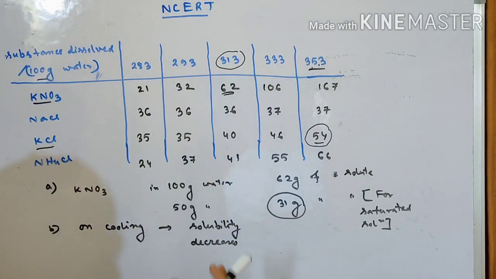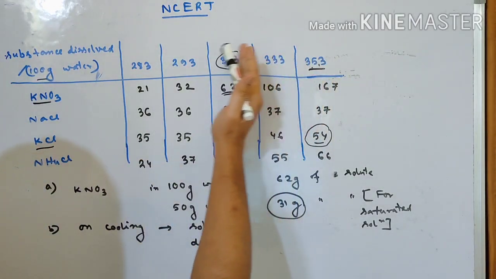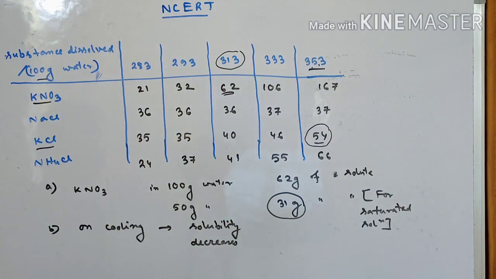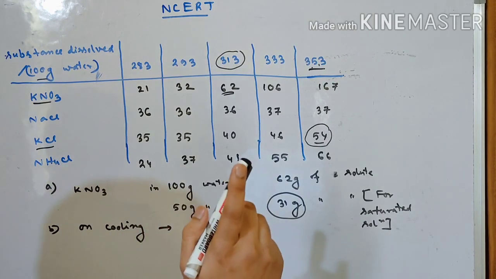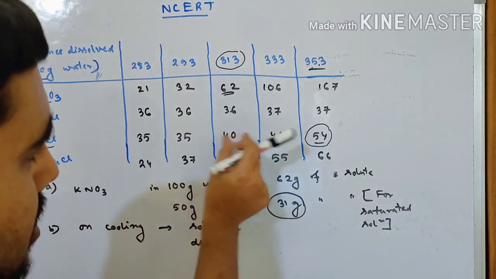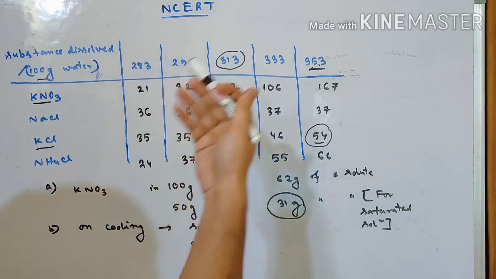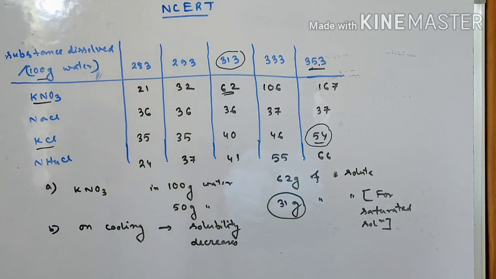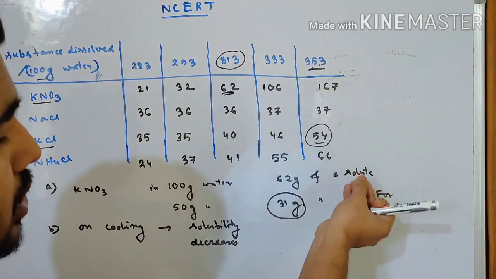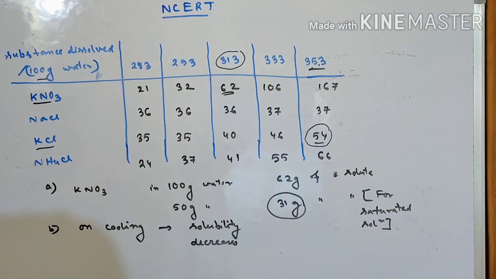Now if she is cooling, that means the temperature is decreasing. So at that point of time, 100 gram of water will be capable of dissolving a lesser amount, 46, 40 or 35, whichever may be the amount, depending on how much cooling she has done. So the amount that she has dissolved, now at that condition, that won't be possible to dissolve.